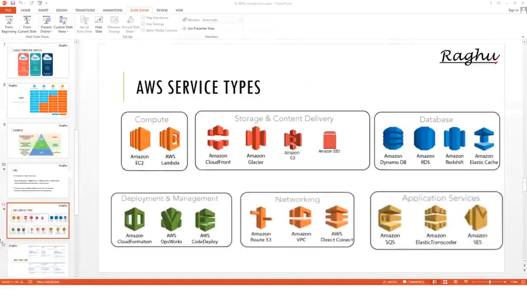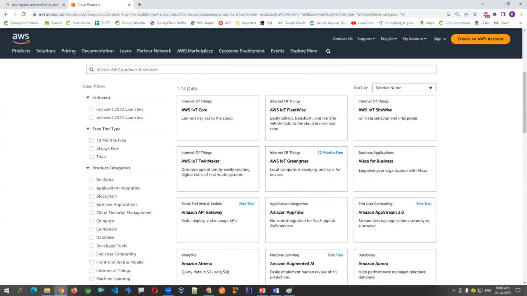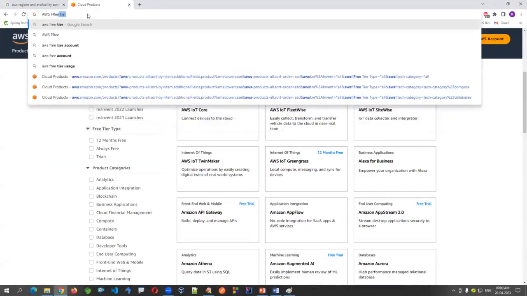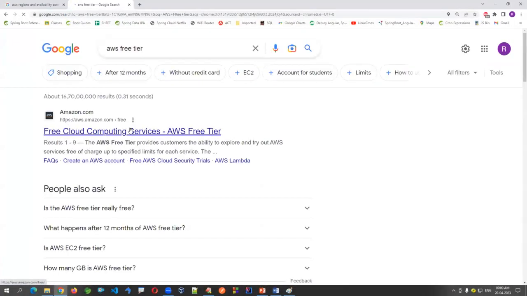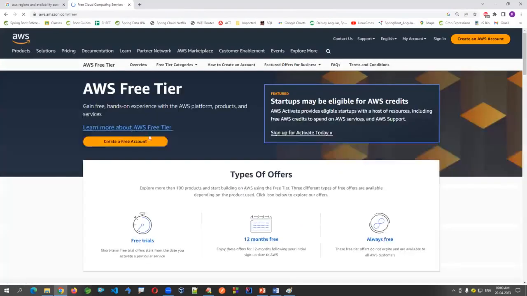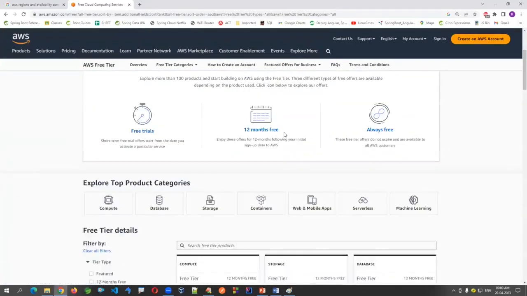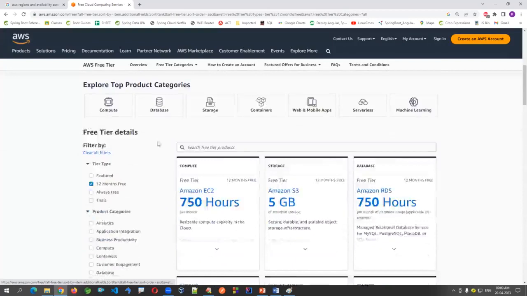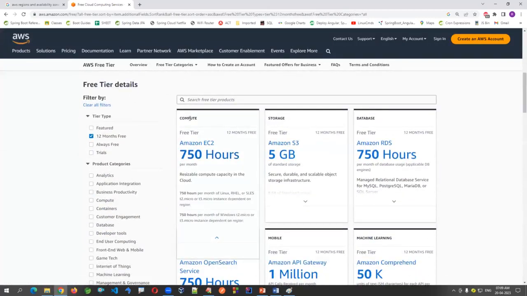So you can just see AWS free tier. They are offering 12 months, 1 year, free. If you want to learn computing concepts, it is 750 hours per month, free for a total of 12 months.